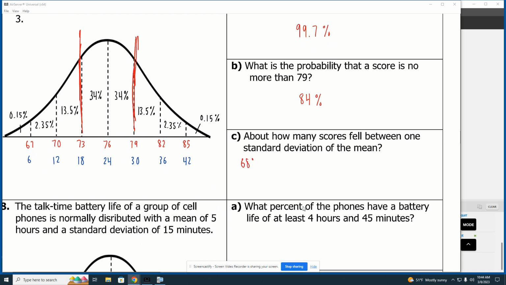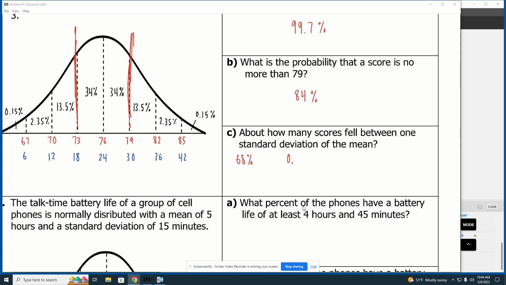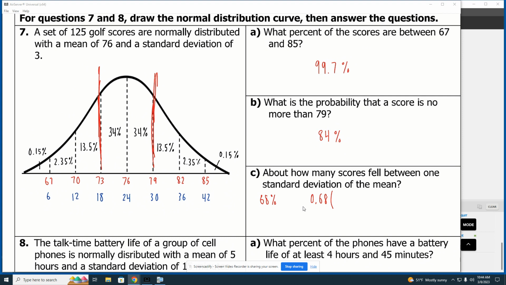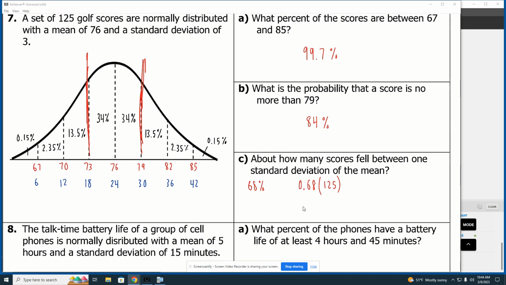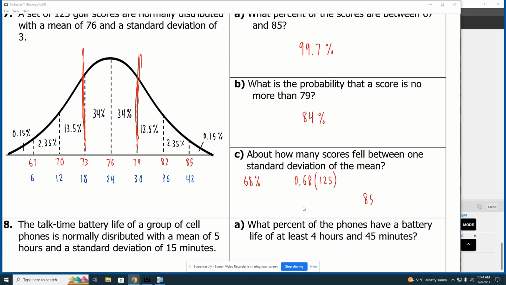But they don't want to know what the percent is. They want to know how many. So what do we do with 68%? That's right. So we take 0.68, that's 68%, and we multiply that by the total. And how many golf scores were there here? So 0.68 times 125. And that would have been 85 scores.